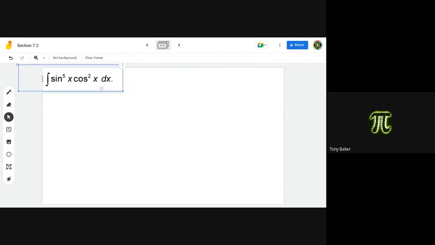Let's look at this one. So now this one's got both of them in it. The last one just had the cosine in it, and I somehow needed to get the other piece. So now this one's got sine to the fifth x and cosine squared x. So which one do I want to make u?